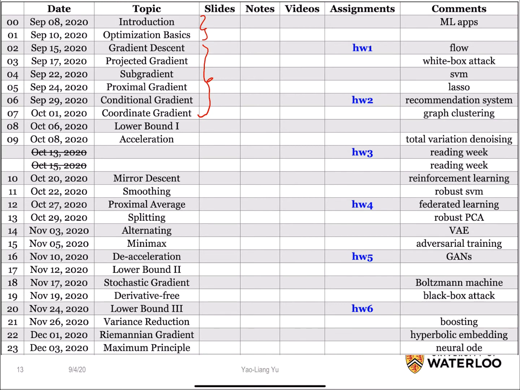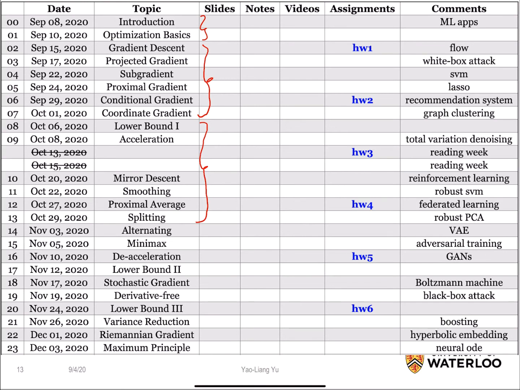And with that, we are going to talk about a technique called acceleration that can actually give you the optimal convergence rate under some conditions. Then we're going to talk about how we can exploit the structure of our problem to get better convergence rates.